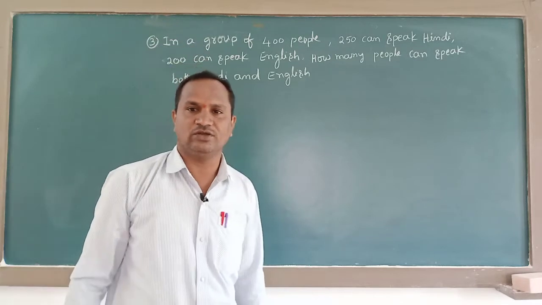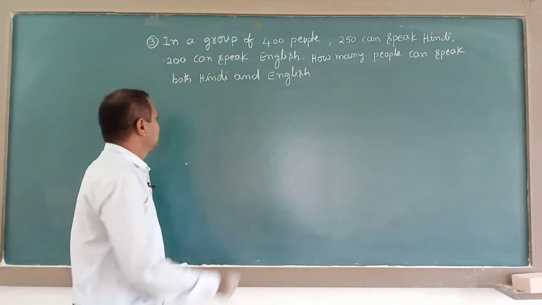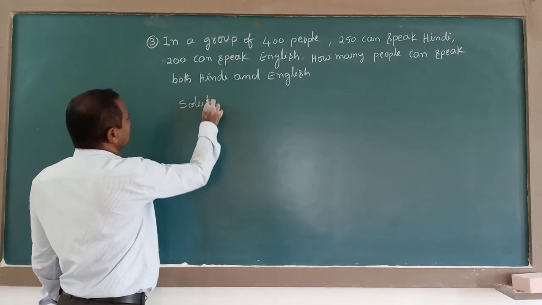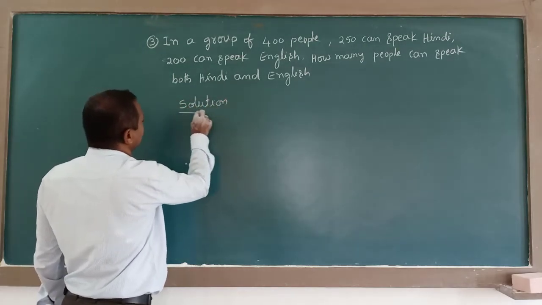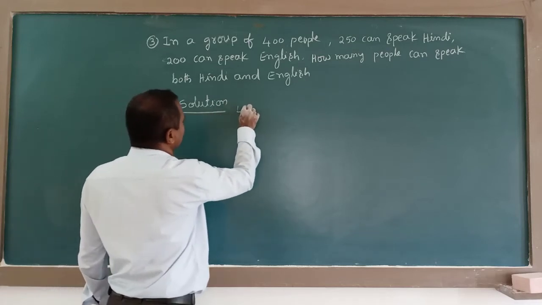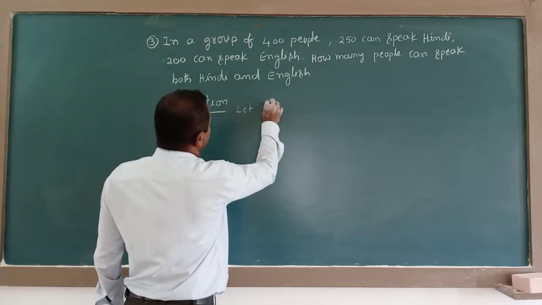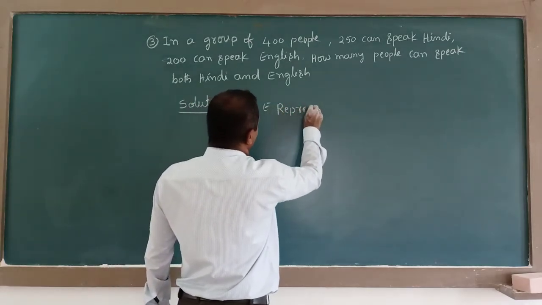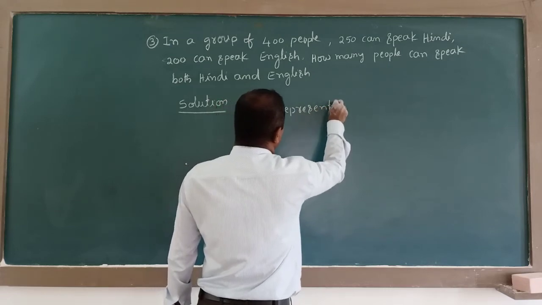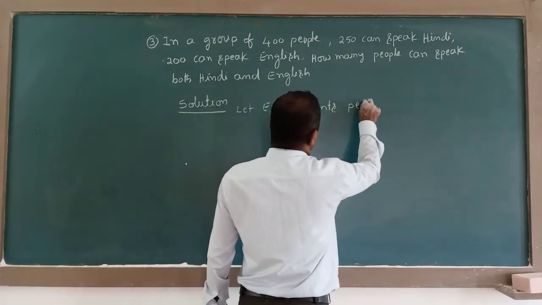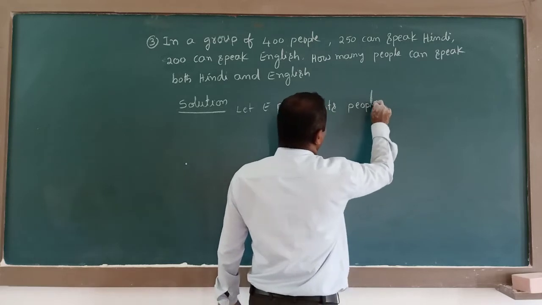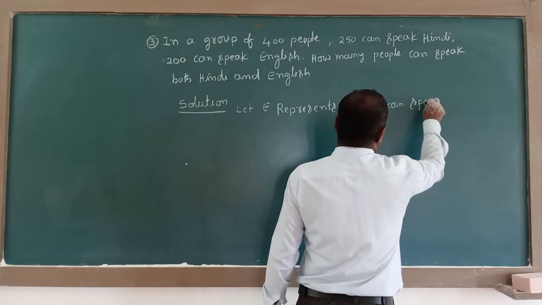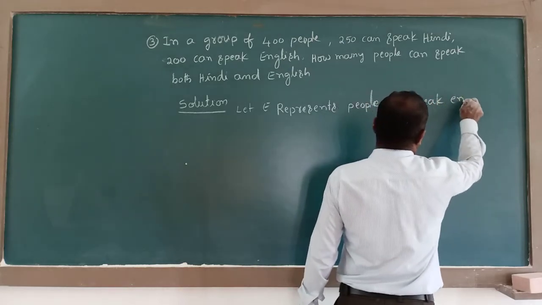Now we are going to give the answer for this question. The solution for this question is: let E represent people who can speak English.